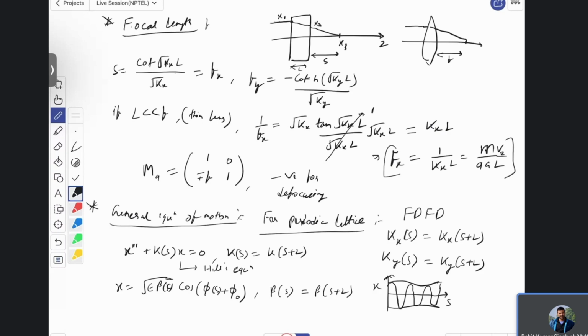This beta is what gives the envelope, and we have the cosine function, which gives us the cosine oscillation inside the envelope.